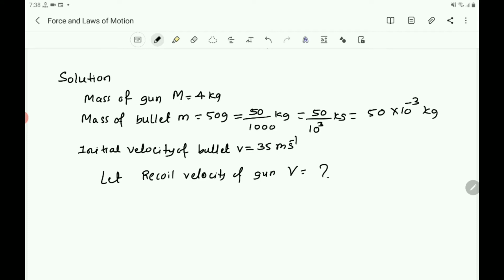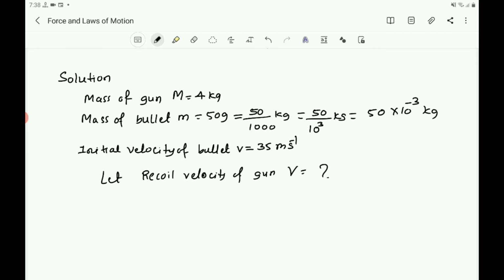Here you know that before the firing the bullet was inside the gun and the total momentum is equal to 0, as both bullet and gun were at rest. So before firing the bullet and the gun were at rest.